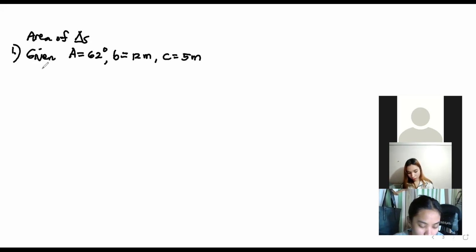Find the area of the triangle. All right, given angle A, which is 62 degrees, side B is 12 meters, and side C is 5 meters.